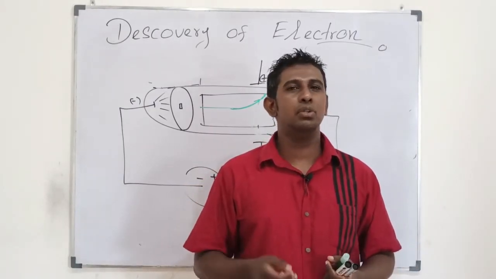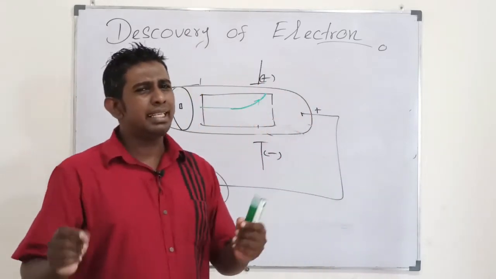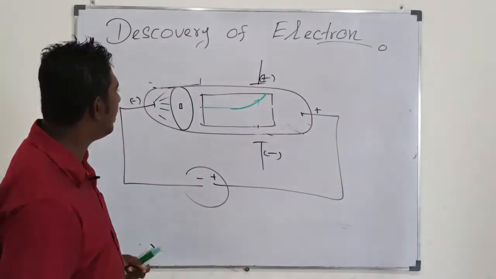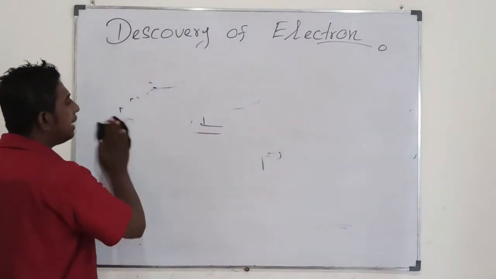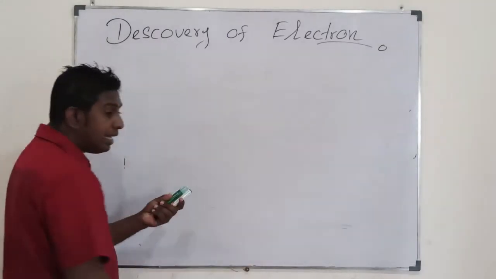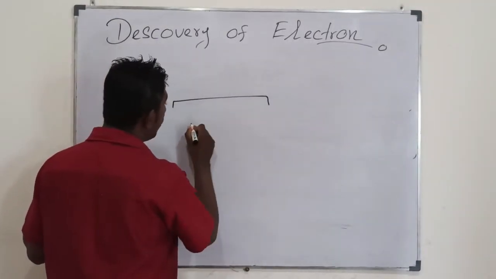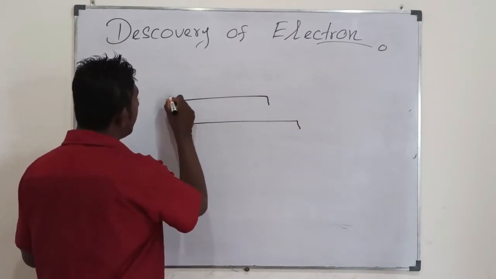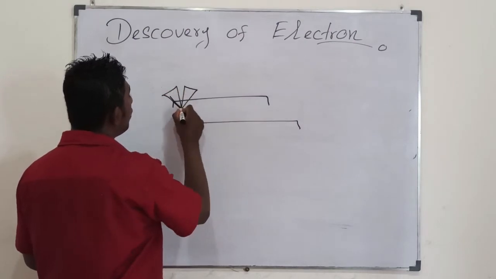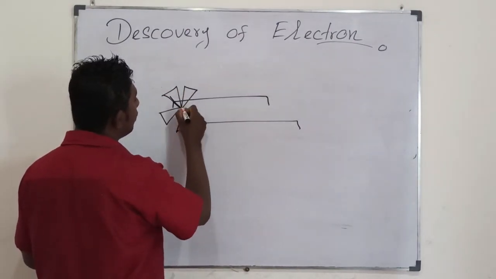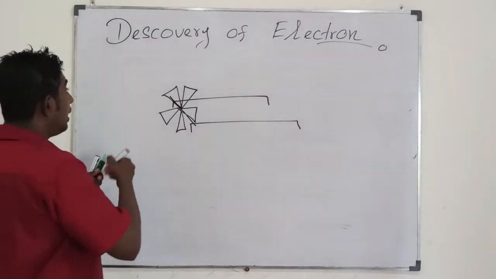He simply wanted to check whether these consist of particles. So, what he did next was something like this. Thomson held a paddle wheel inside a cathode tube that could roll upon two supporters kept inside the tube. It was a paddle wheel kept inside a cathode tube.